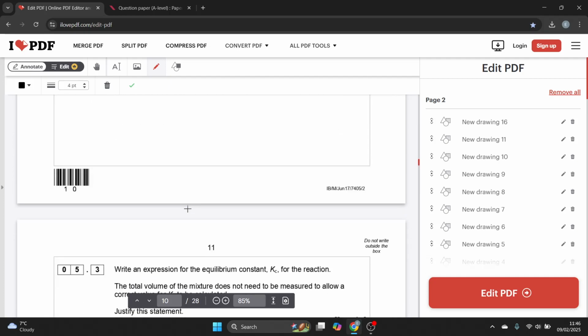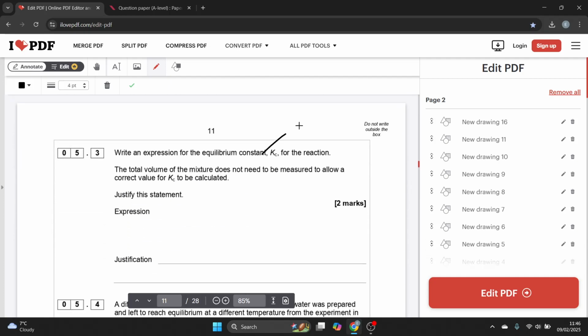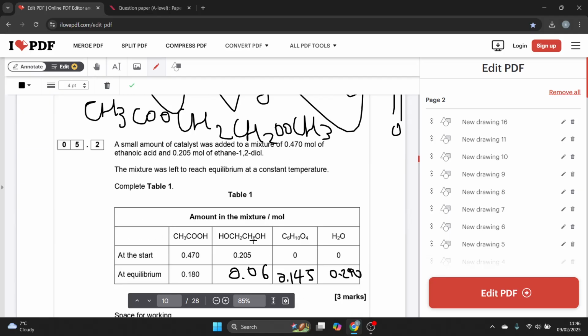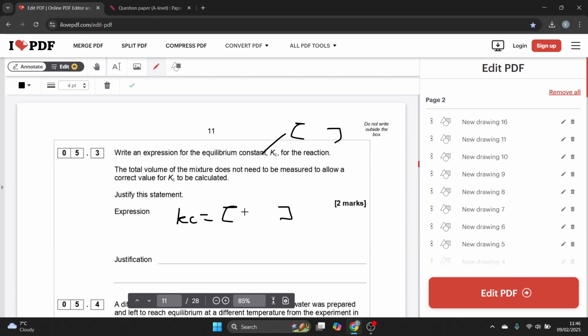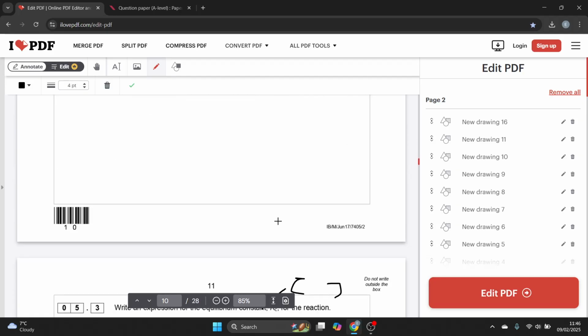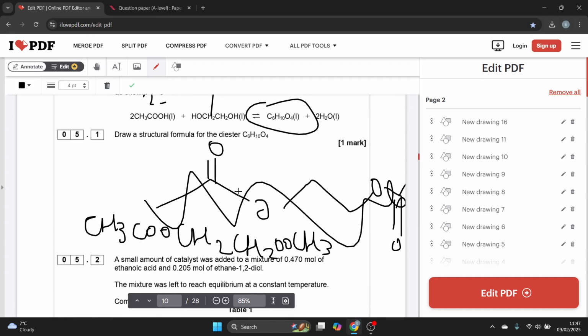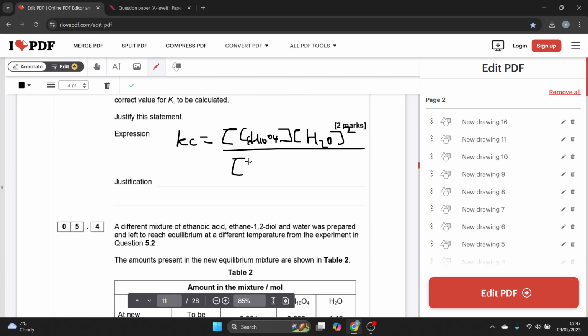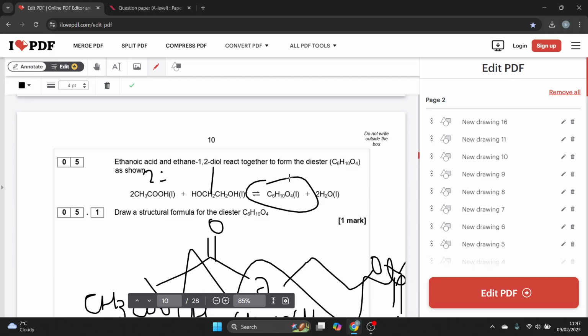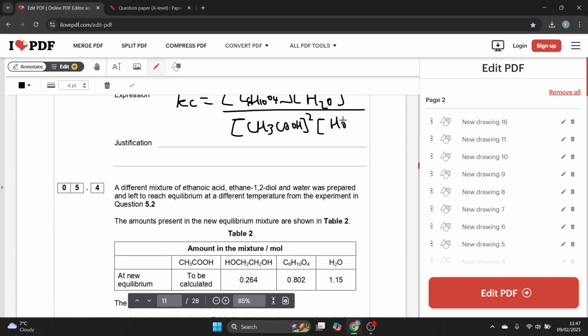3 marks for that. Write an expression for the equilibrium constant Kc. Remember Kc square brackets, so Kc equals square brackets of whatever the products: C6H10O4, square brackets H2O, but I've got 2 moles of it, so it's going to be squared, divided by CH3COOH squared, square brackets HOCH2CH2OH.